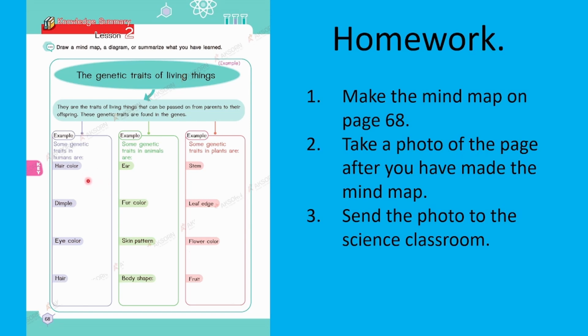So you will have 2 different traits. Same for ear, same for stem. Okay, so draw 2 ears, but different ears for different traits. Stem. Draw one stem that is straight and draw another stem that has the thorn.